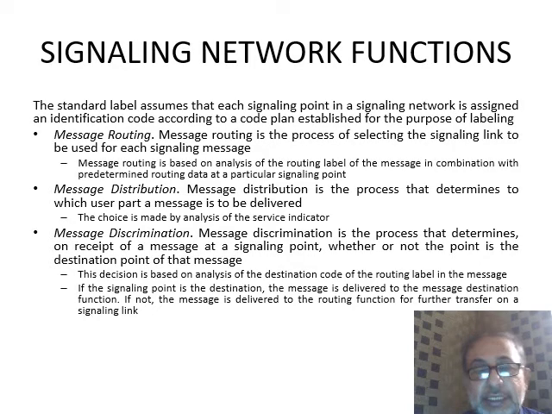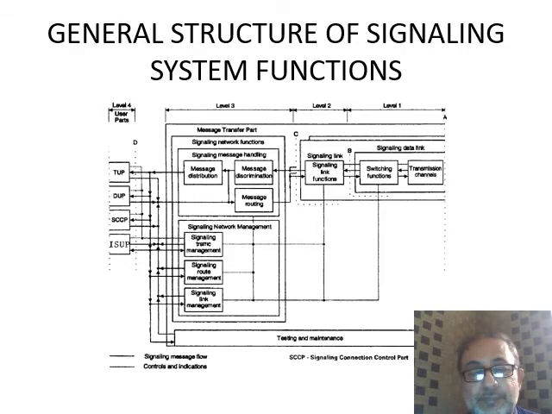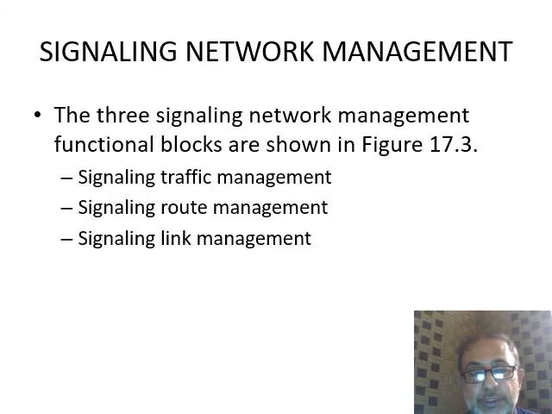Then the signaling network functions. What are the signaling network functions? First of all, message routing, message distribution, and message discrimination. This is the same diagram again. There are three signaling network management function blocks: signaling traffic management, signaling route management, and signaling link management.